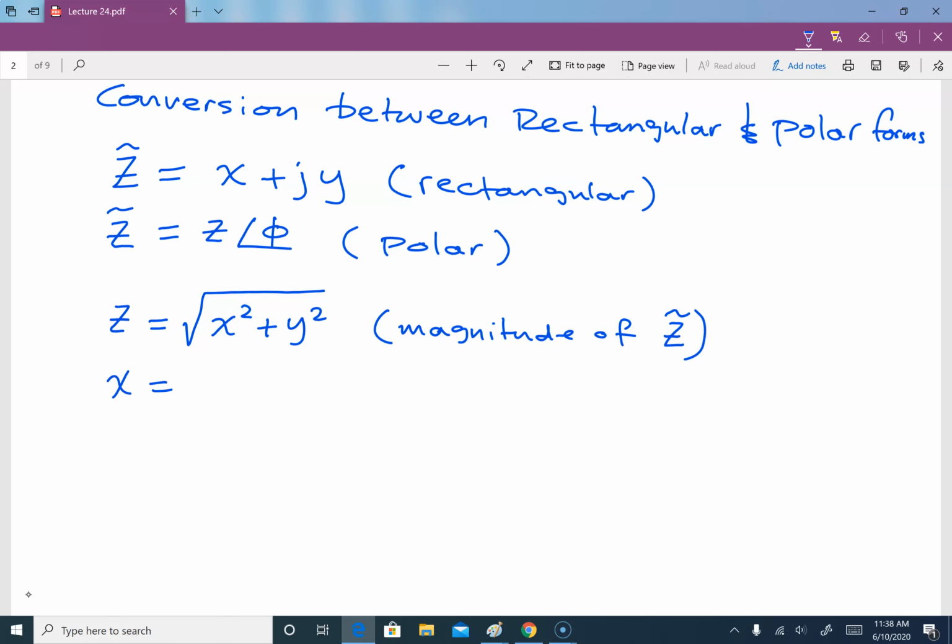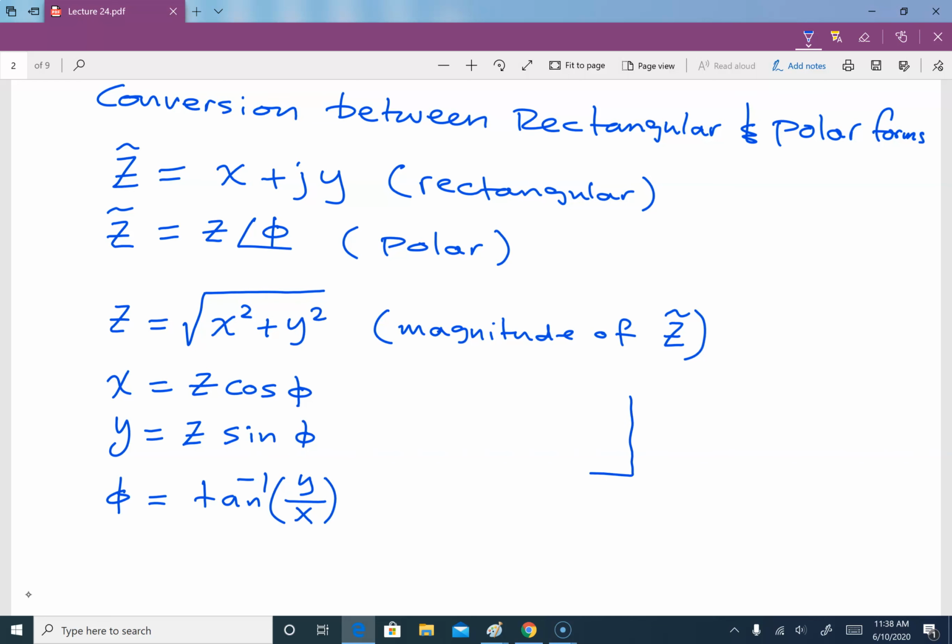Our x is equal to z cosine phi, our y is equal to z sine phi, and our phi is equal to the inverse tangent of y over x.